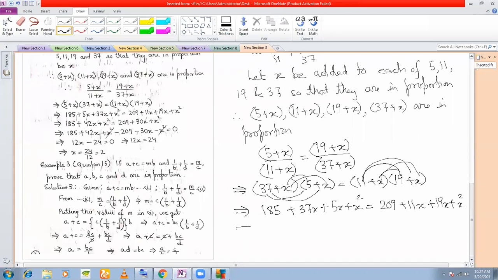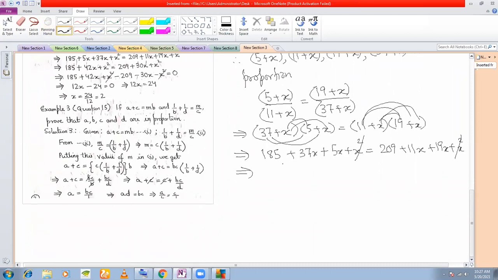Okay, so what happens? x square and x square, they cancel from both sides. Now you take all the x's together. So you have 185 plus 42x is equal to 209 plus 30x.